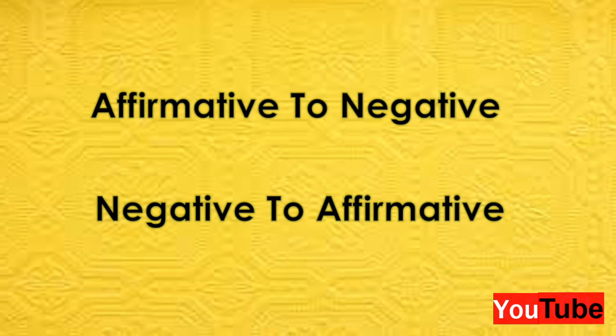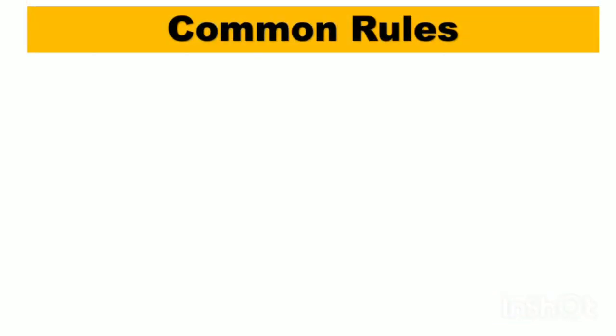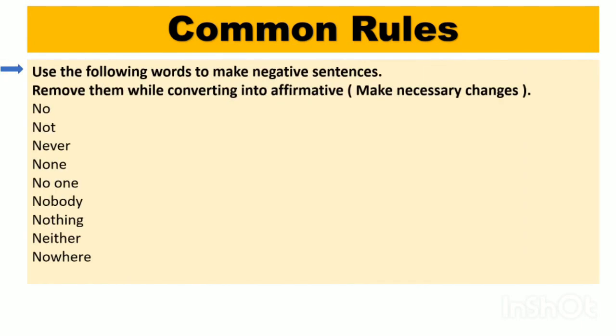Dear children, to learn how to convert affirmative to negative and negative to affirmative, we need to understand and remember some of the common rules. First, when we have to convert the sentence into negative, we have to use some of the words which show negativity, like no, not, never, none, no one, nobody, nothing, neither, and nowhere.